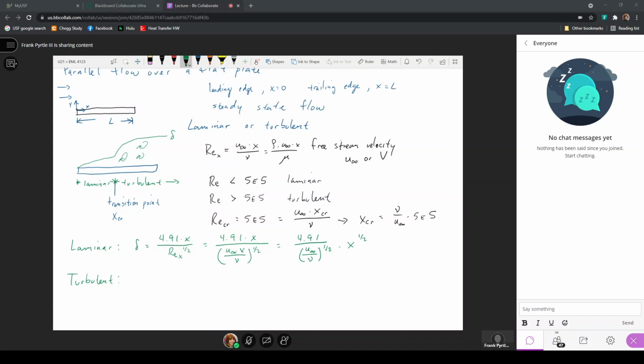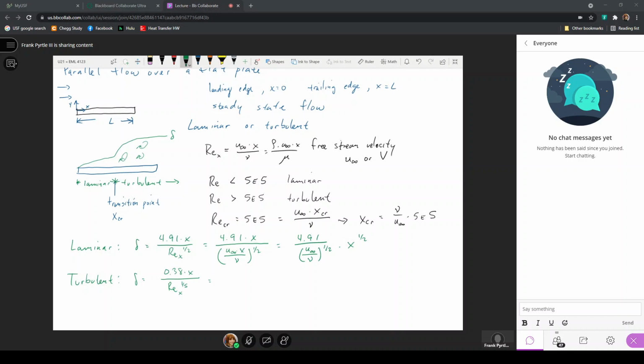So the thickness of this boundary layer grows at a different rate once we get to a turbulent condition, which is from the transition point on down the rest of the plate. And this boundary layer thickness for the turbulent flow condition is 0.38 times x divided by the Reynolds number raised to the 1/5 power.